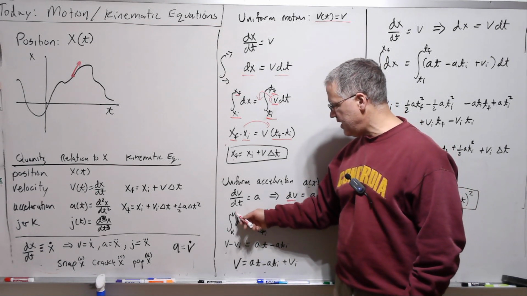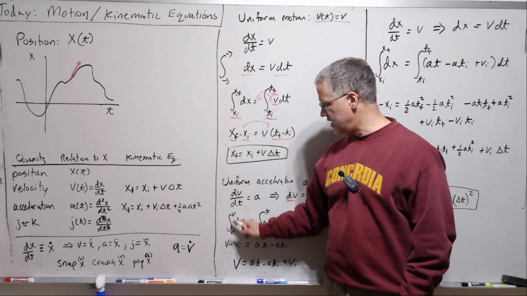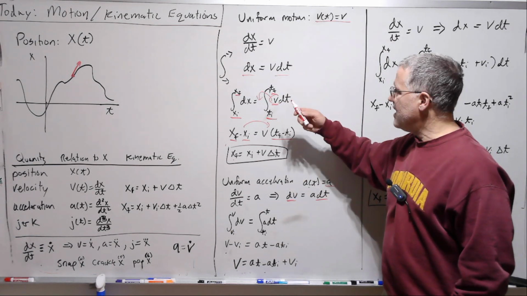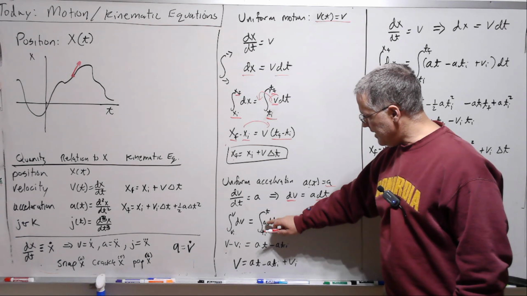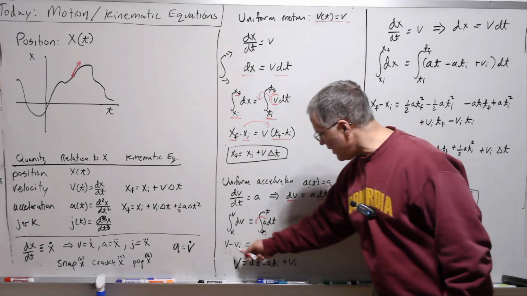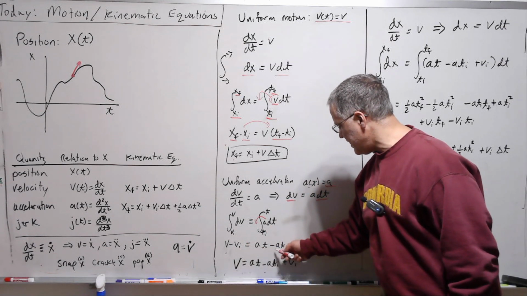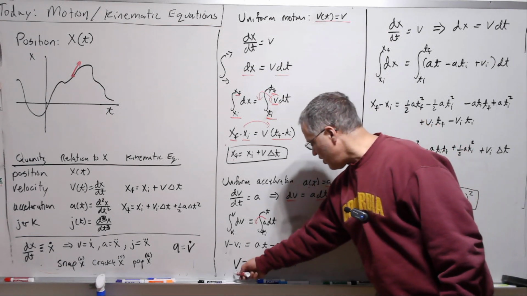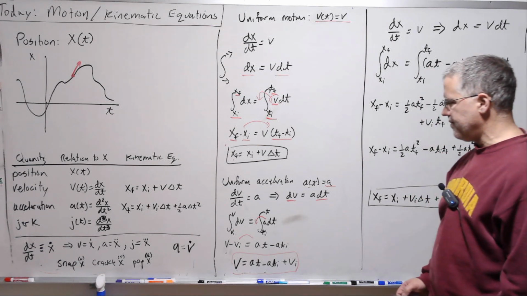We're integrating V up to some current value V between the initial and the final. And we're doing that because we're going to use it again, then we're going to integrate it again to get to the position. And A is constant, so that can get pulled out of the integral. We get V minus V initial equals A t minus A t initial. So I can solve for V by just moving this over there.